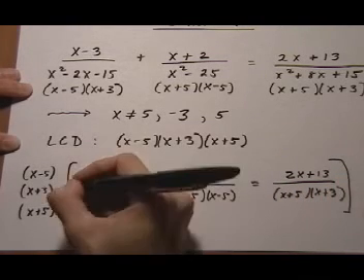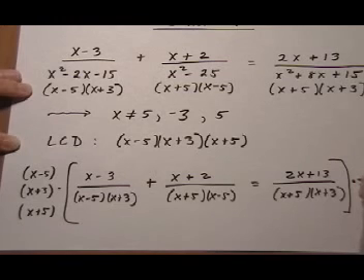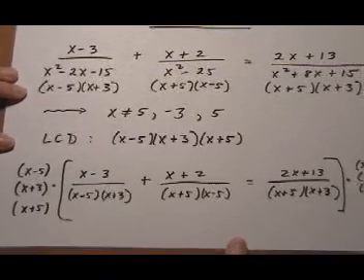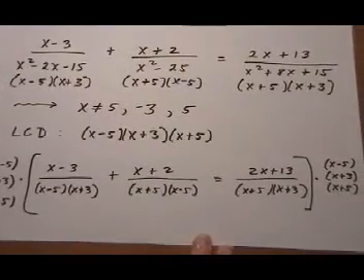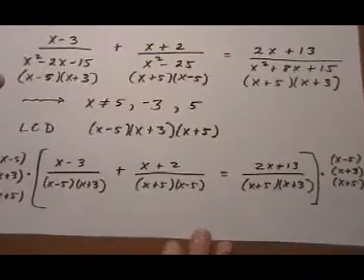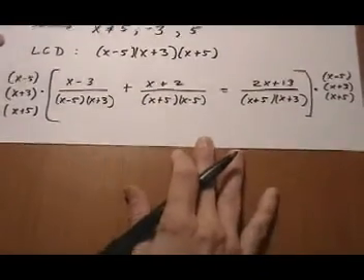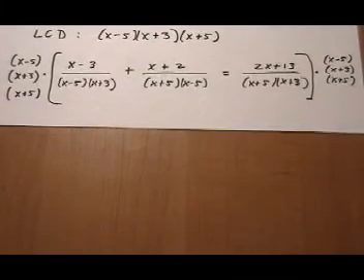And the LCD multiplies on the left and it multiplies on the right. And it's multiplying up into the numerator. I just have it written this way because I can't fit it on the paper otherwise.